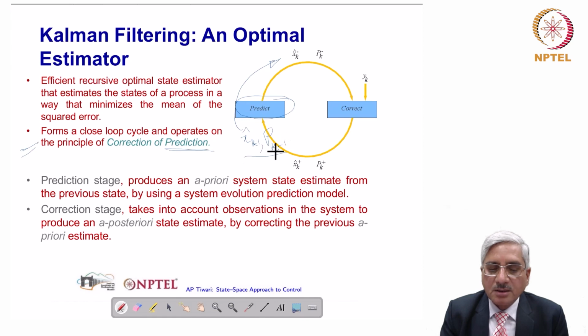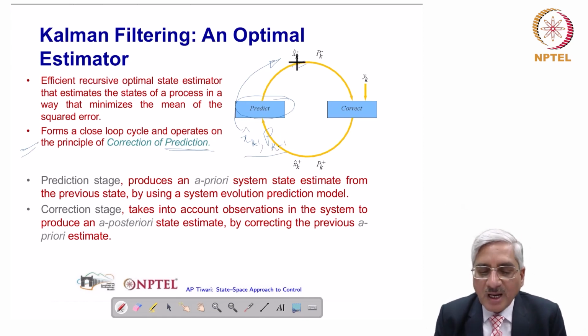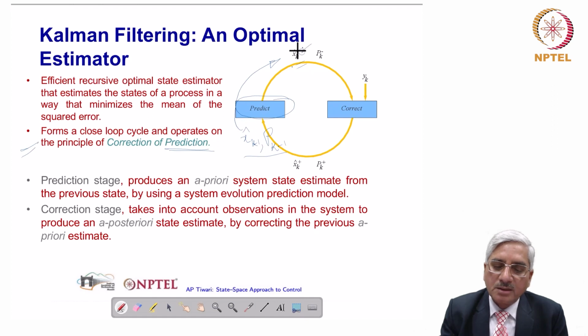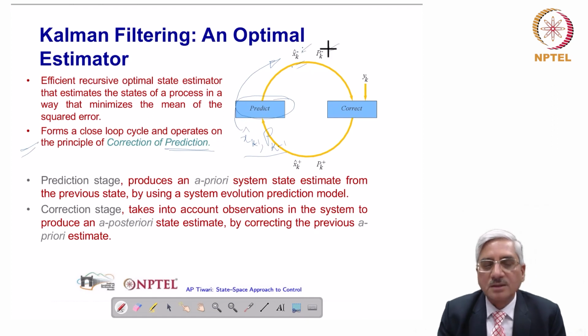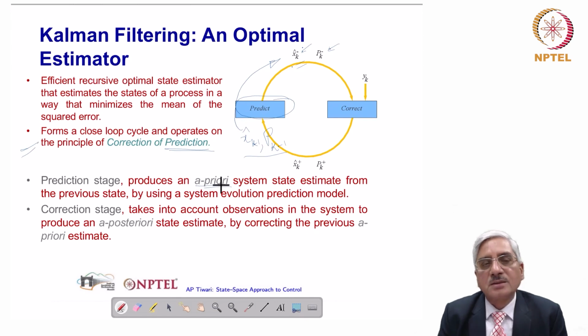Based upon this knowledge we calculate xk hat minus, please take note of this minus sign, and similarly pk minus. So these are a priori estimates. They have been computed based upon the model of the system.